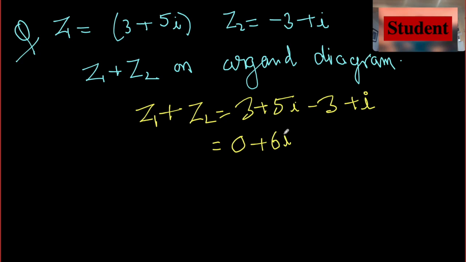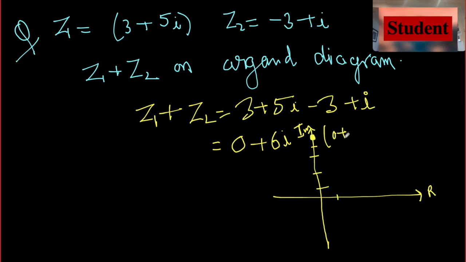So 0 is your real part, and if I want to demonstrate this on my Argand diagram, you have to go to 0 first, this is your real part, and then go to 6. So this will be your 0 plus 6i.